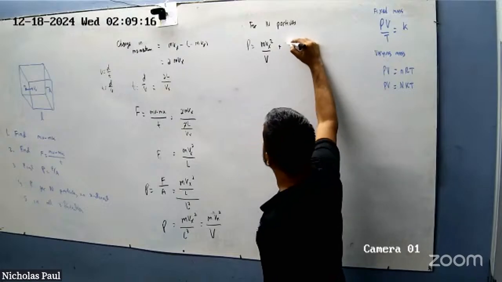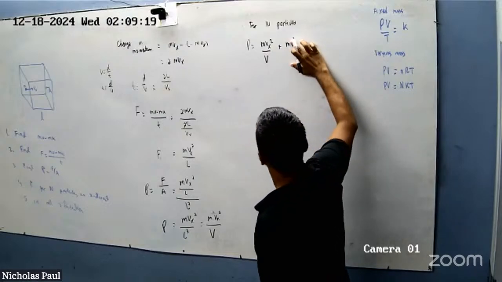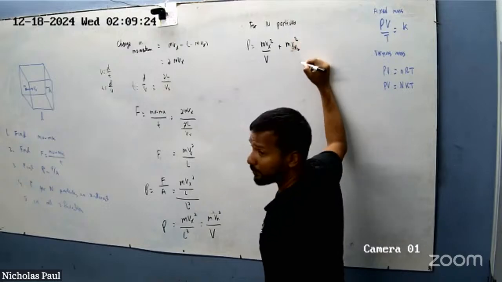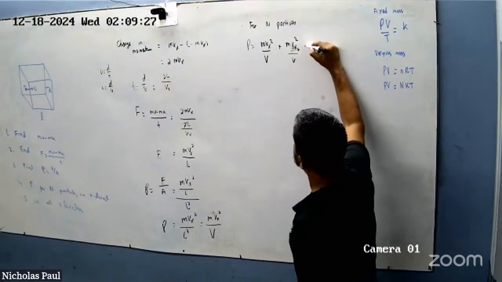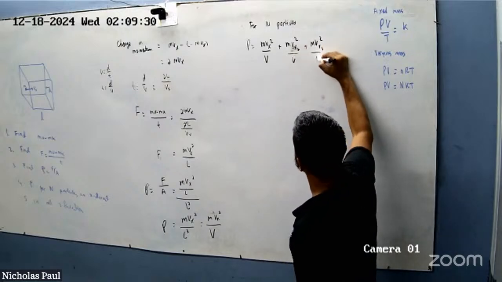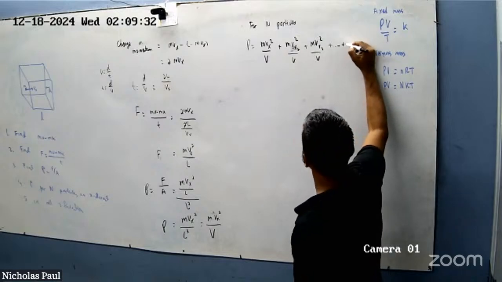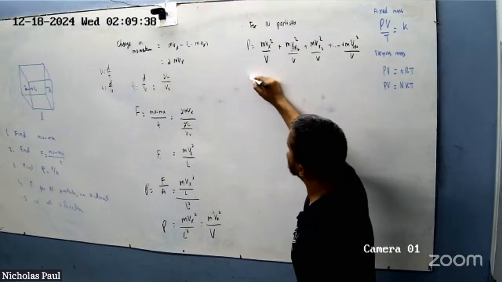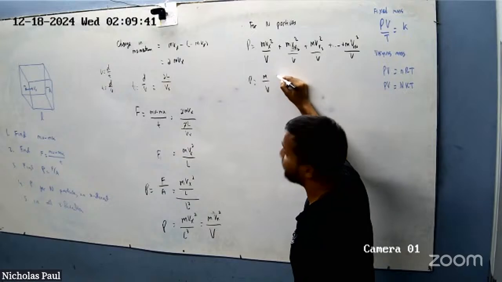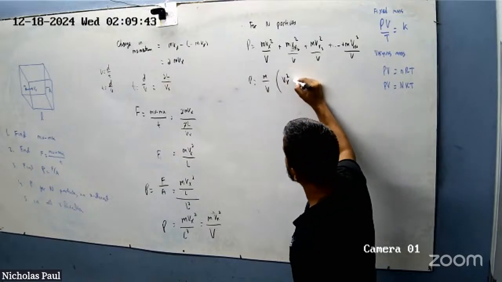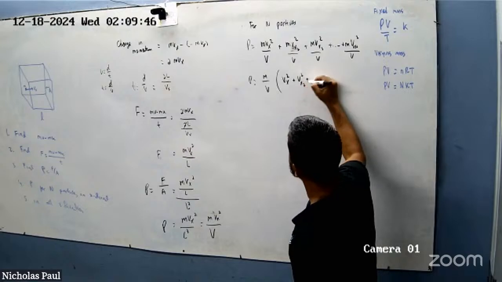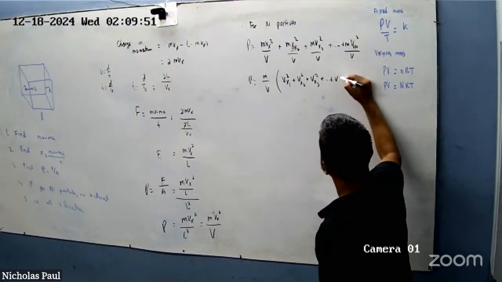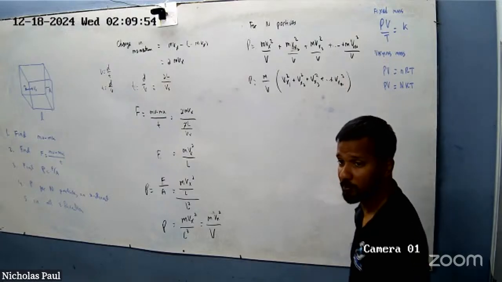The second particle is vx2 squared on V. The third particle is vx3 squared on V, until you reach the nth particle. Take out the m on V, and inside here you will get vx1 squared plus vx2 squared plus vx3 squared, plus vxn squared. That's okay?